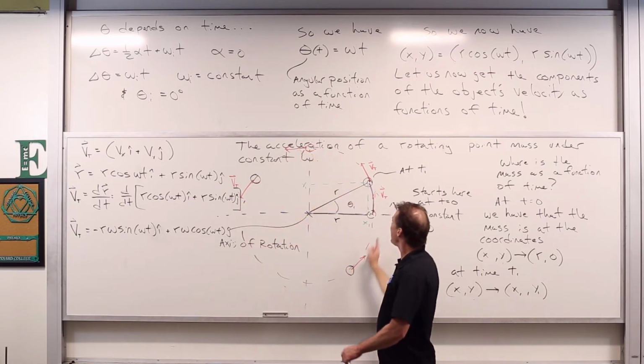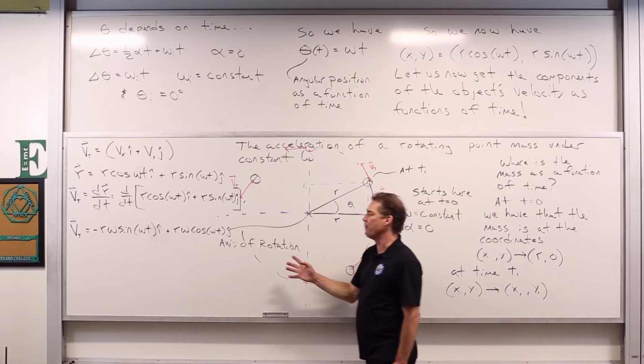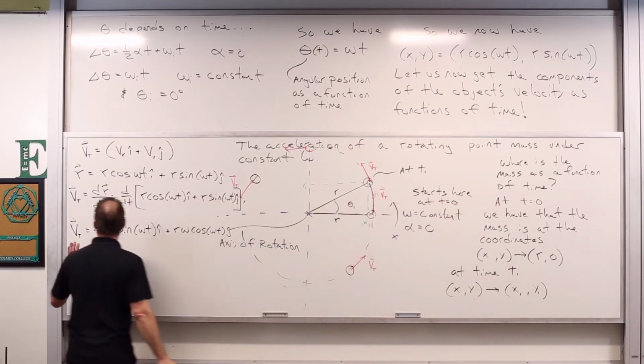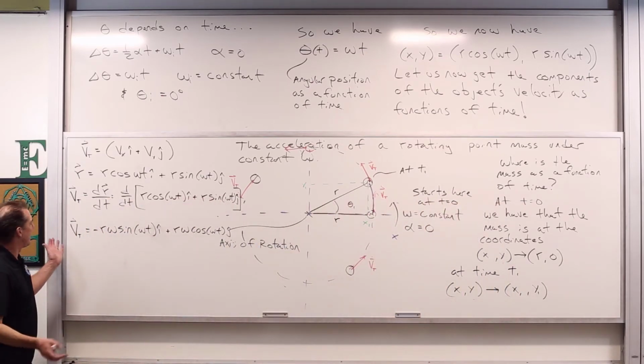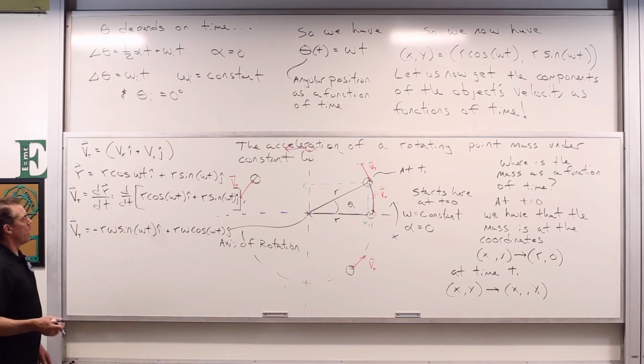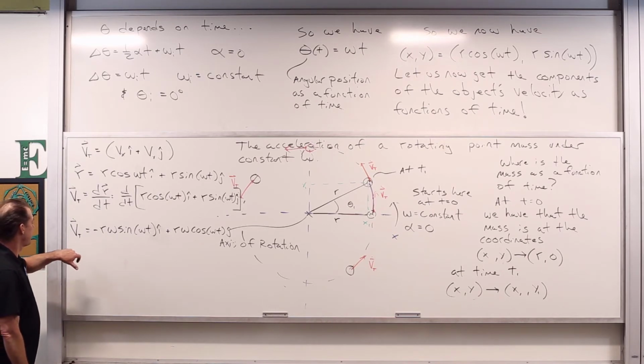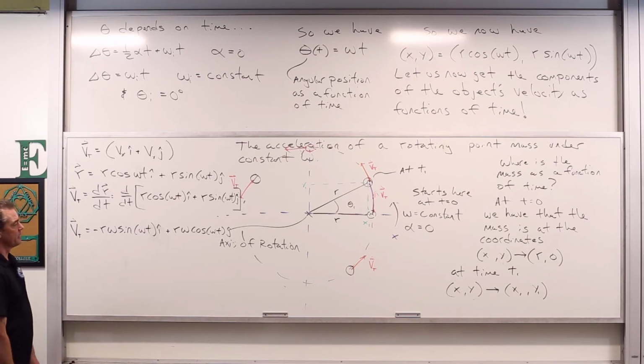We could go through any position and figure out the explicit I hat and j hat components of its velocity vector, and see that at any given position, the magnitude of that tangential velocity will remain r omega, because there's no angular acceleration, no tangential acceleration, constant angular velocity, and constant tangential velocity.